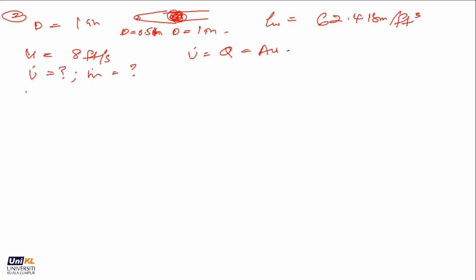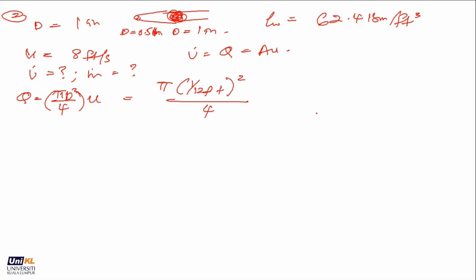Q equal to A, pi d square over 4, times U. Okay, so mass flow rate equal to rho Q.